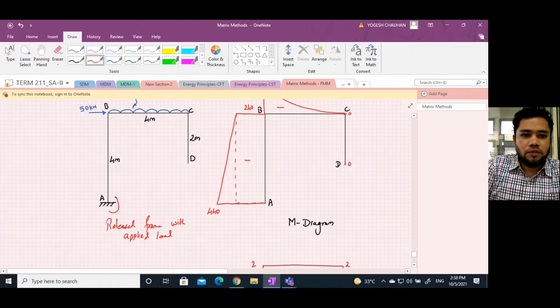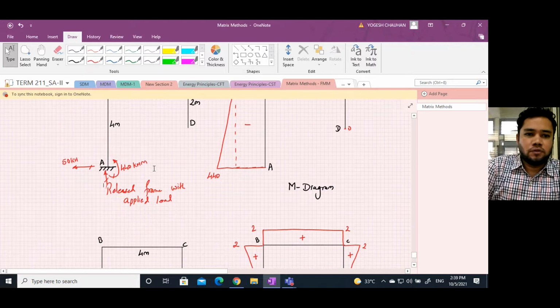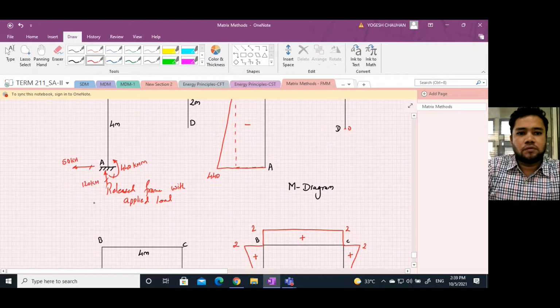Your reactions for this will be 4 kilonewton meter, and this will be 1 kilonewton, and this will be 1 into 4, that is 4 kilonewton meter.